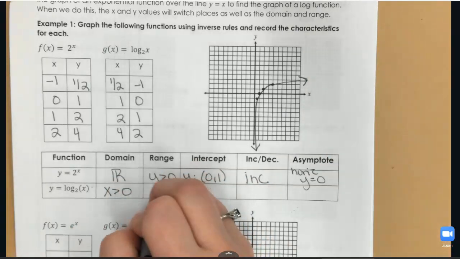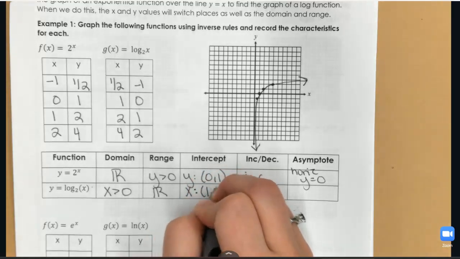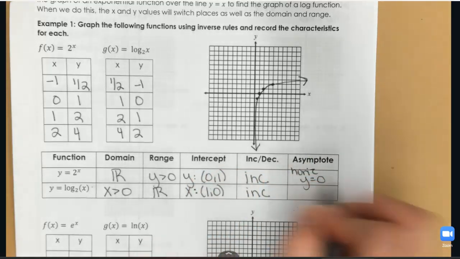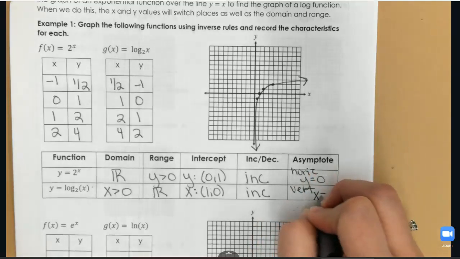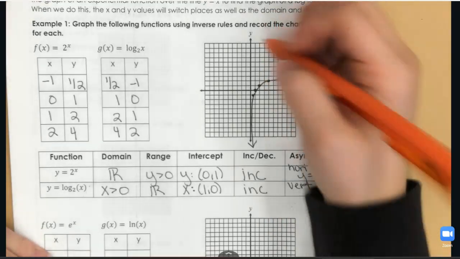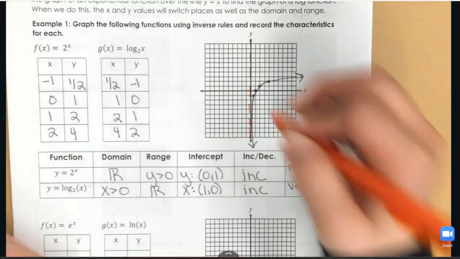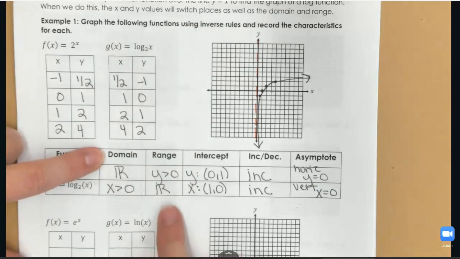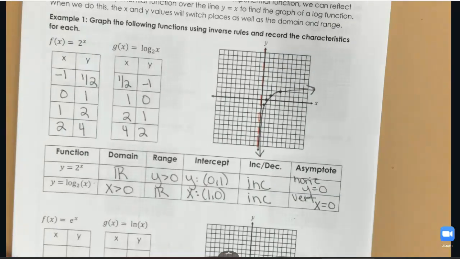My range is now all real numbers. Now I have an x-intercept at (1, 0), still an increasing graph, and instead of a horizontal asymptote, I have a vertical asymptote at x equals 0. So your inverses truly switch all the x and y's in your function. All of the respective x and y characteristics did switch.